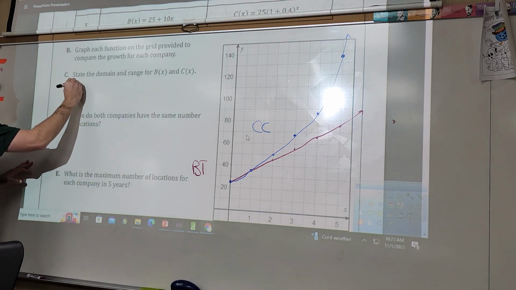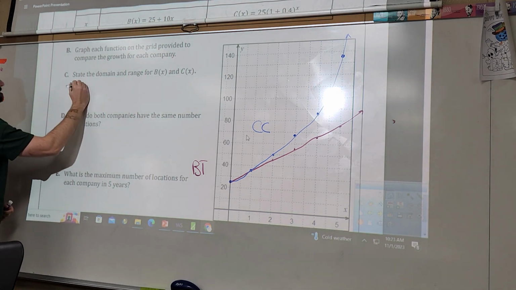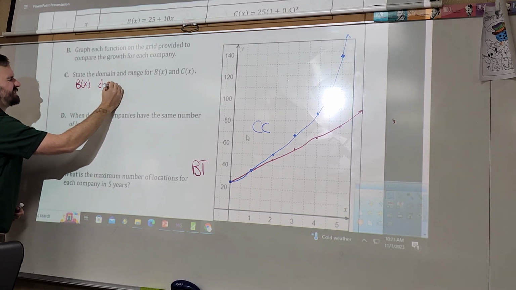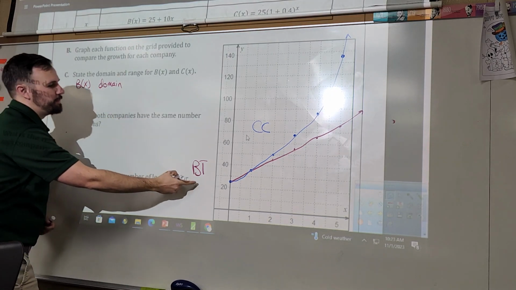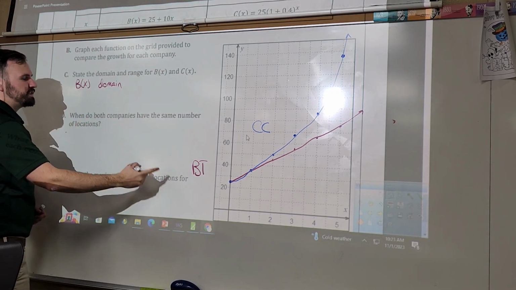B of X is big tech, right? I'll stay consistent. We'll use this lovely maroon. So B of X, domain. What's my domain of B of X? What do we start at?